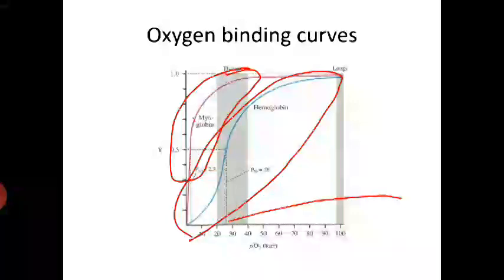This type of curve is a result of the cooperative behavior of hemoglobin. So hemoglobin has 4 subunits, and there is cooperativity among these subunits. So that is what is meant by cooperativity. As each heme site is filled with oxygen, the other unoccupied heme sites of the hemoglobin become more likely to bind oxygen.